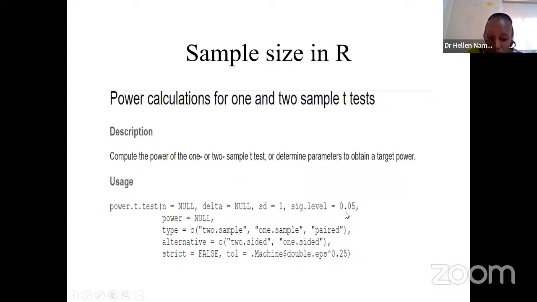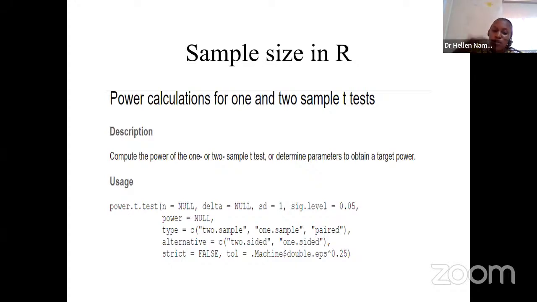The significance level, we've talked about it, alpha, which is 0.05. The power is equal to null, implying that you can specify to what degree you want it. Are you going to consider 80? Are you going to consider 90? And so on. Then with the type, these are arguments within the command that you can use.